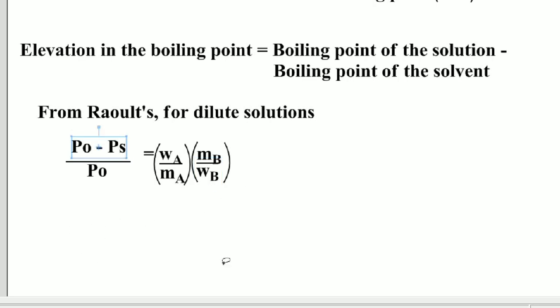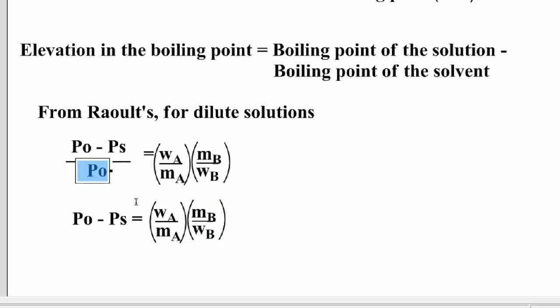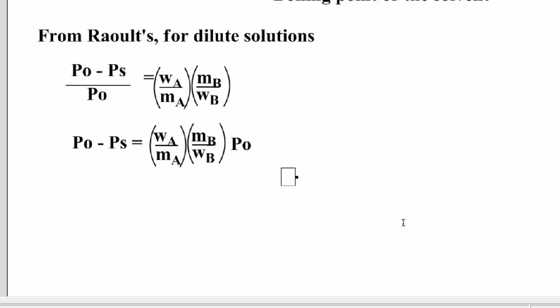We can write this equation like this: if the P naught in the denominator is brought towards the right hand side, then P naught minus PS is equal to WA by MA into MB by WB into P naught. The relation becomes like this.